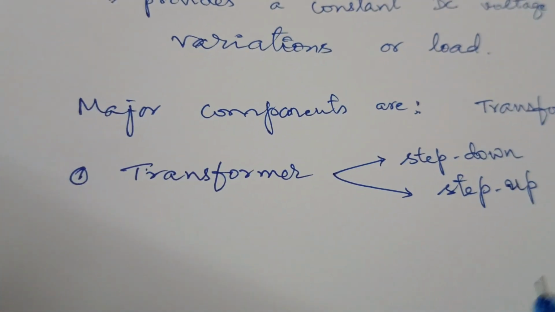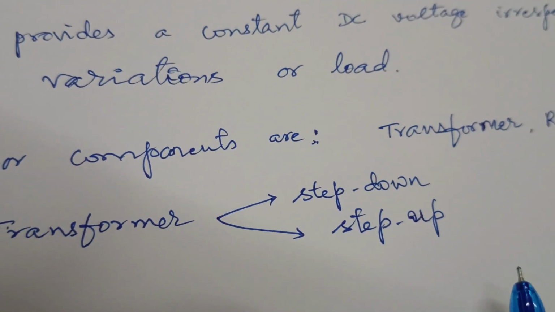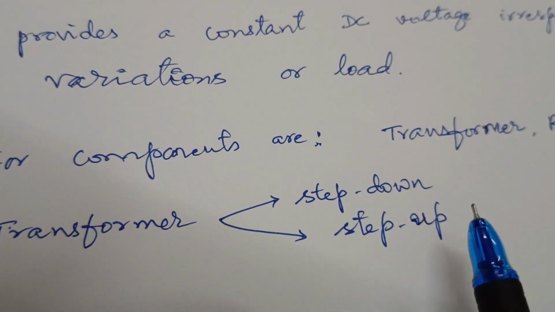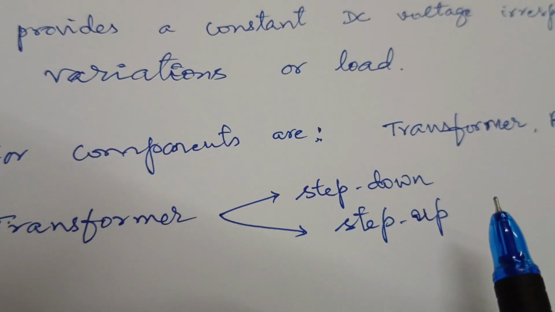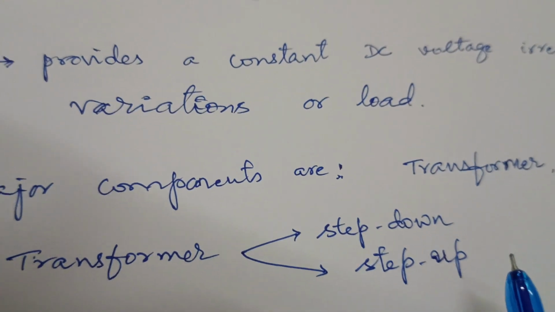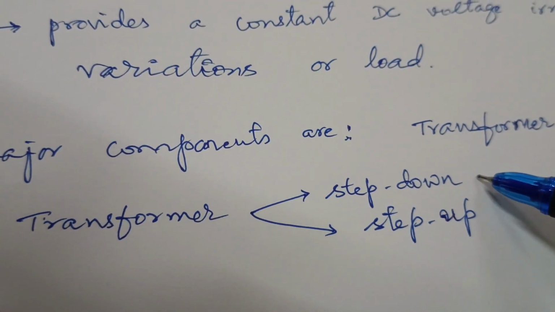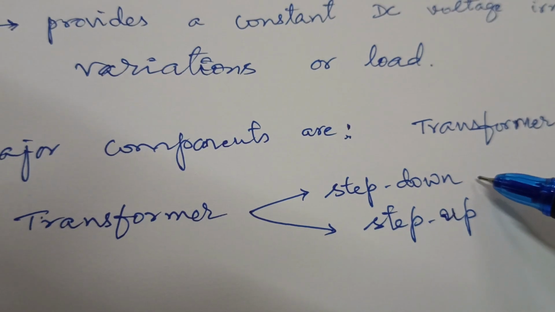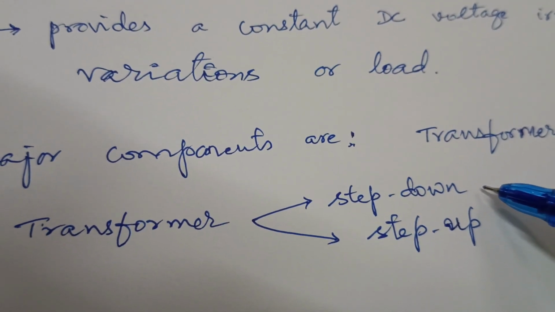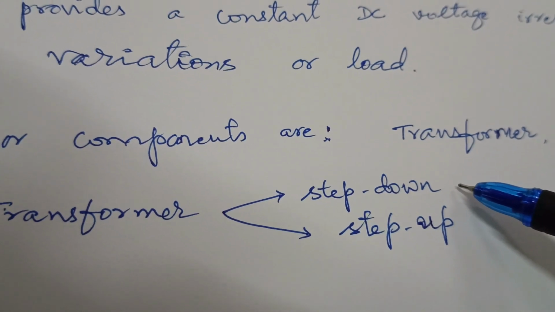The transformer is used to step down or step up the input voltage. In most electronic circuits, a step down transformer is used, in which the input voltage is reduced to a required level.